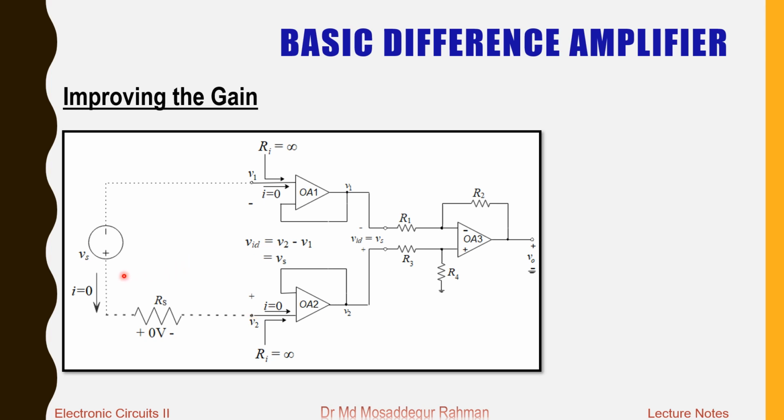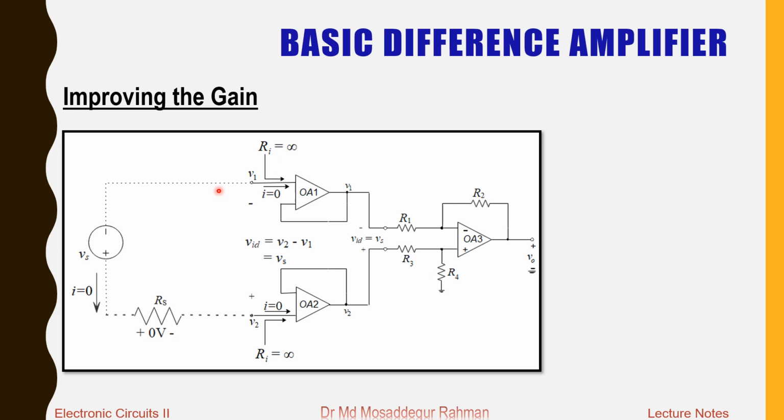So when you apply a signal, in this case Vs, with a source resistance Rs, to the difference amplifier through the voltage buffers, no current will be flowing in the circuit because the voltage buffers provide an infinite input resistance.